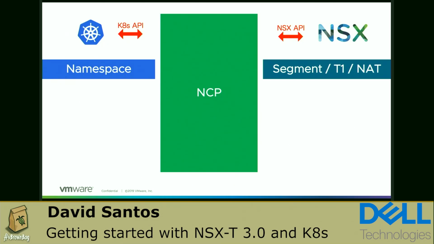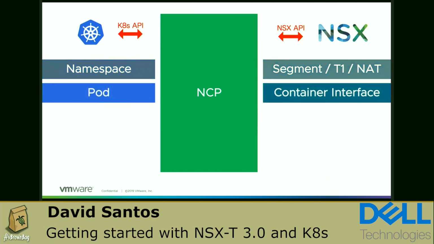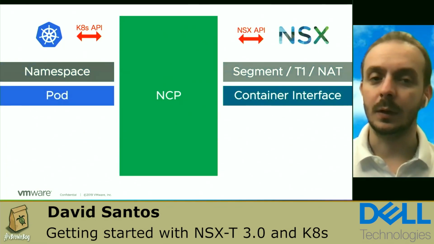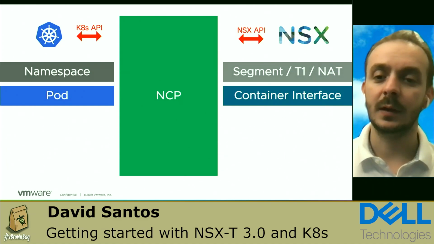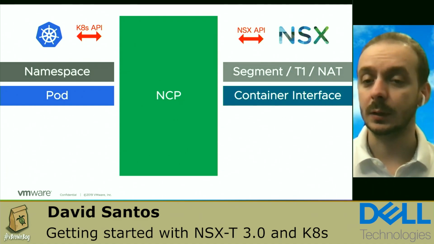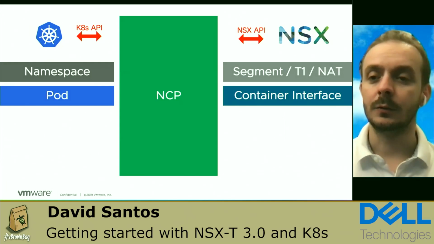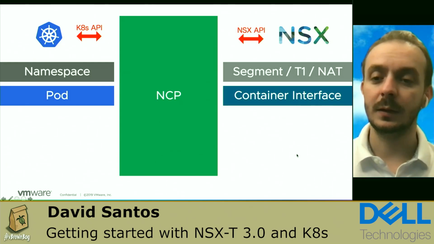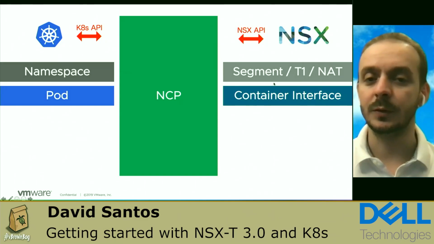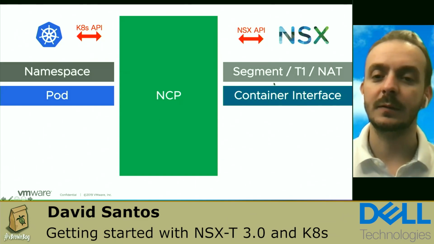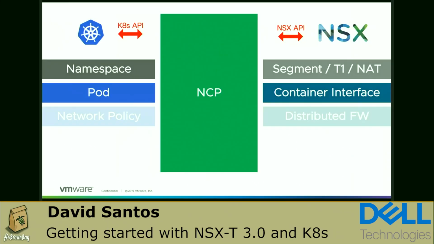If it's a NATed network, it will also create the NAT rules. We also have the pods that will be hosted in that namespace and connected to a segment. NSX will create a container interface and connect it to that segment, providing also the IP address to that pod and everything that's needed to communicate.